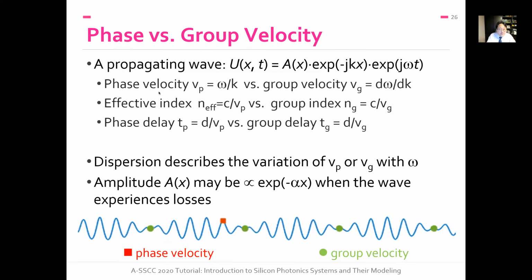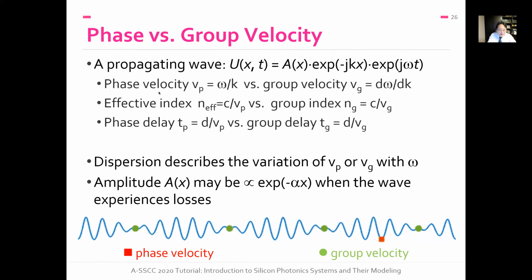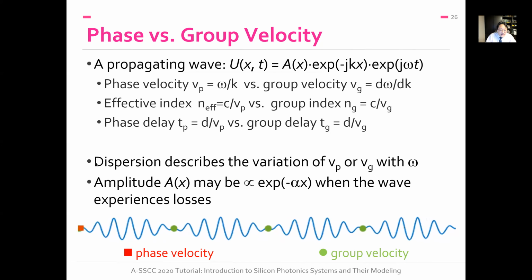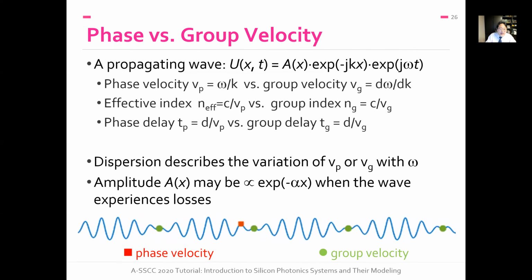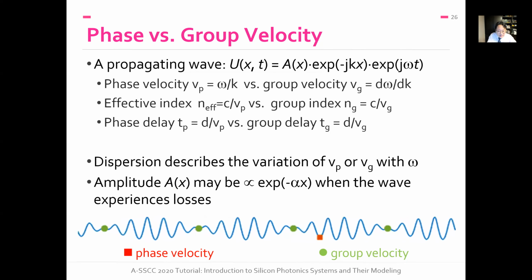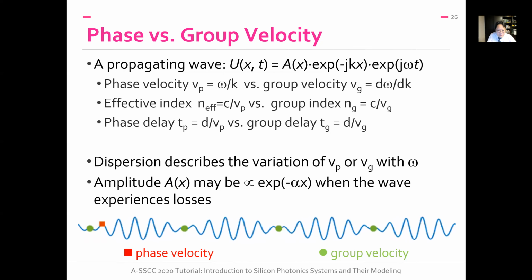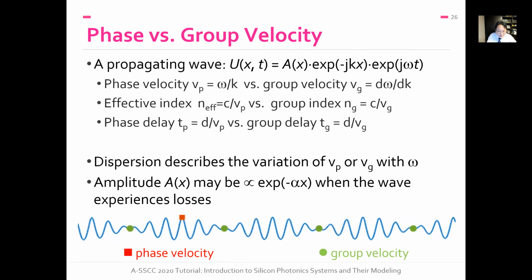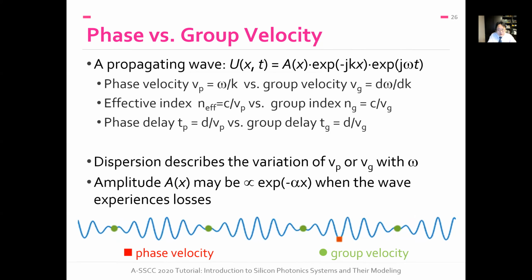So velocity describes how fast these waves propagate through the medium. And most media will have a different propagation velocity depending on the frequency of the signal, or the wavelength of the signal. So that's some non-ideality that you may have to take into account.